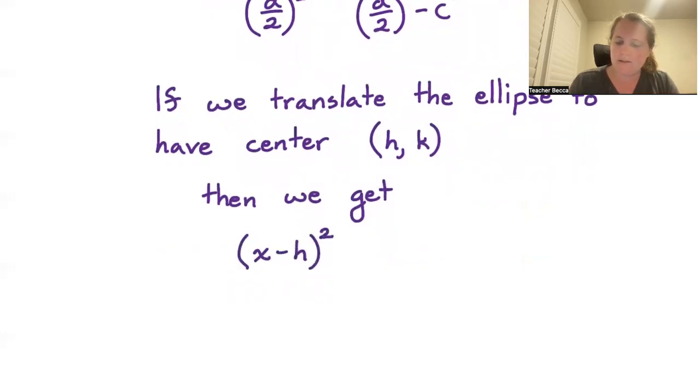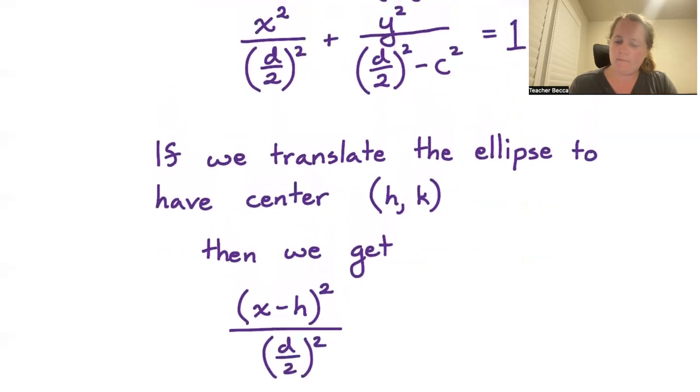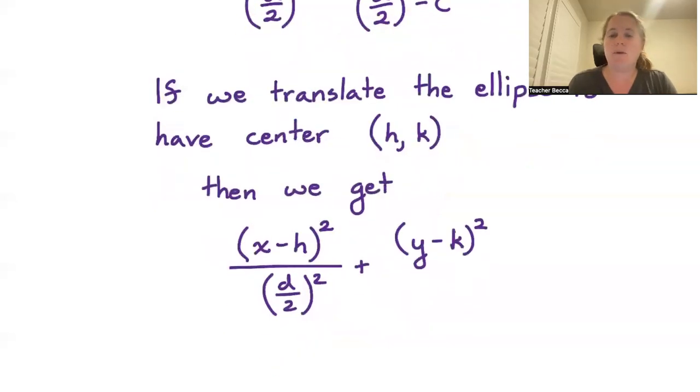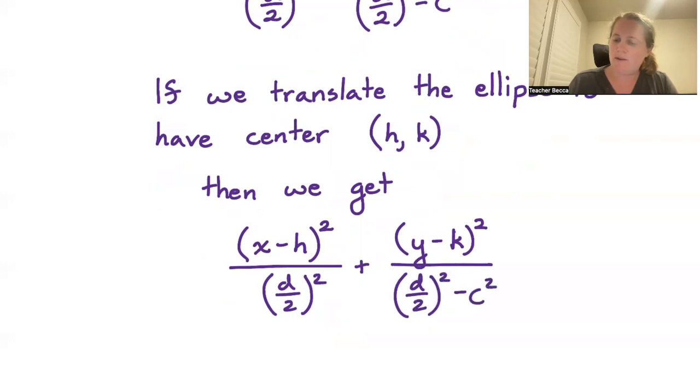So we have x minus h squared over d over 2 squared plus y minus k squared. Again, translating up to k, we would replace y with y minus k. And then all over d over 2 squared minus c squared. This is equal to 1.